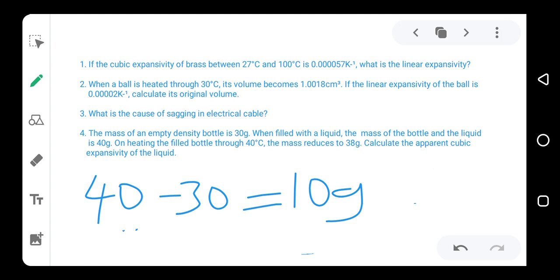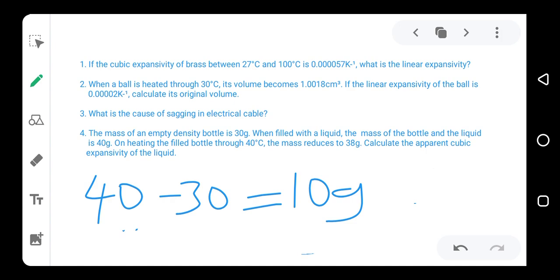Now when we heated the liquid with the bottle over 40 degrees, the mass reduces to 38 gram.